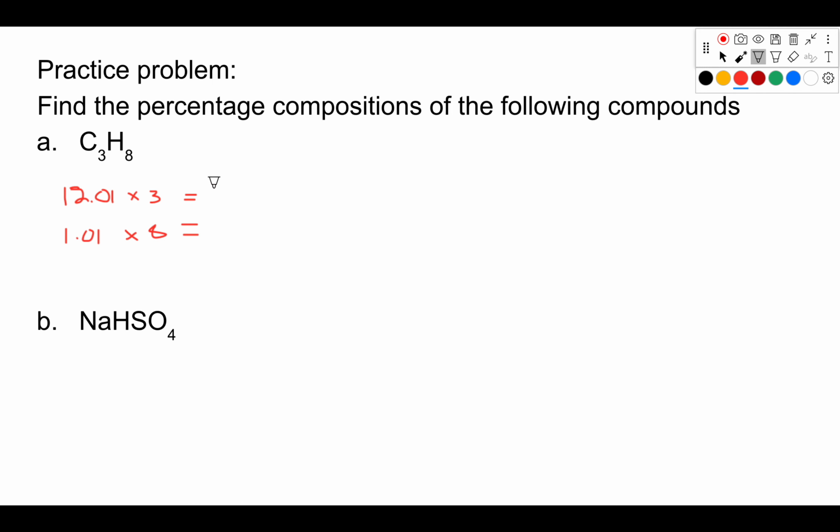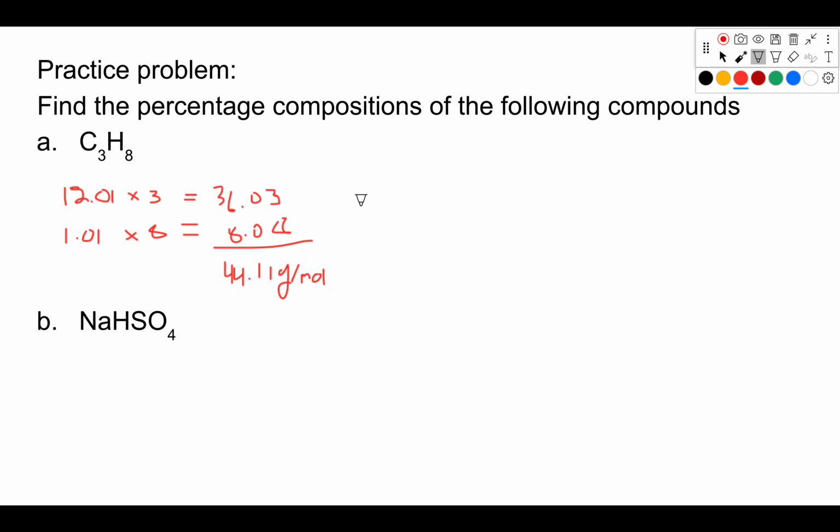So for this one, we're going to get 36.03. And then obviously we'll come up with 8.08. And then when we sum those, we'll come up with 44.11 grams. So that is our molar mass, grams per mole, of the whole compound.